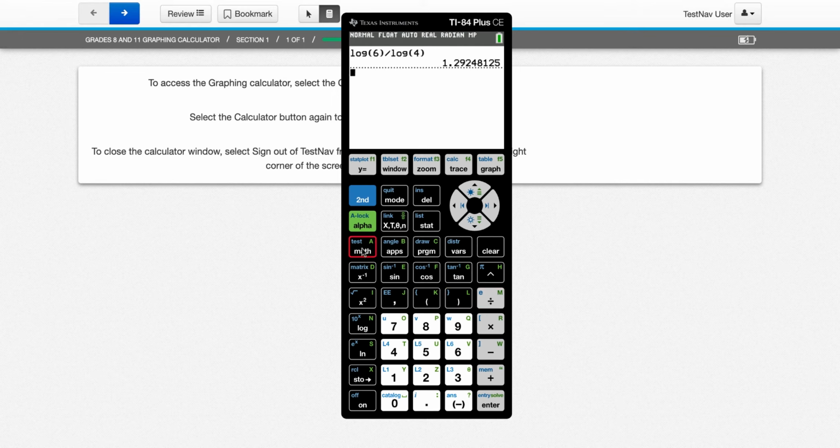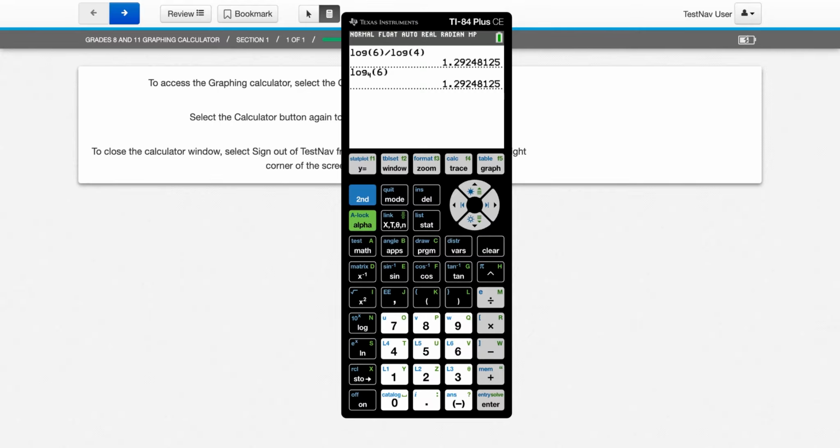And you notice how I get the same answer. So that's why the change of base rule is pretty nice.